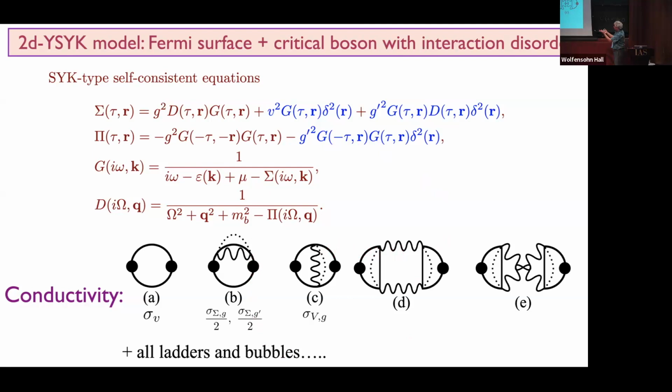Everything is here, it's just a matter of solving these equations. We have numerically solved these equations, at least for the case G is 0, when the self-energies are independent of momentum, and I'll show you some of the results. But we can also perturbatively look at the effects of G and G prime at the same time.